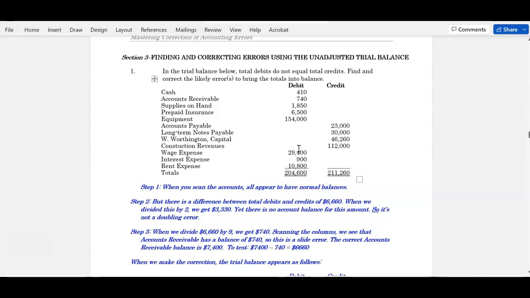So you see, you have a trial balance, but something is wrong because your balance is not equal on both sides, right? So you have to learn how to find out what is wrong. In order to do that, I created steps.